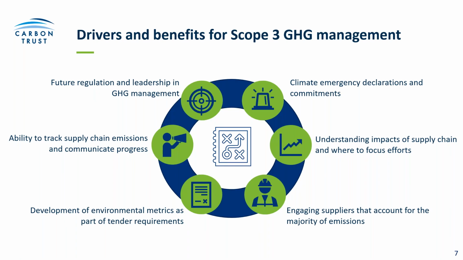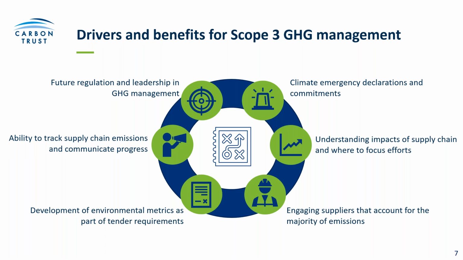So why bother with measuring and managing Scope 3 emissions at all? Well, apart from the fairly known point that Scope 3 emissions are almost always on an organisational level the largest proportion of emissions, there are other drivers and benefits involved.